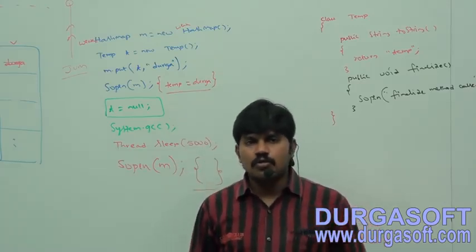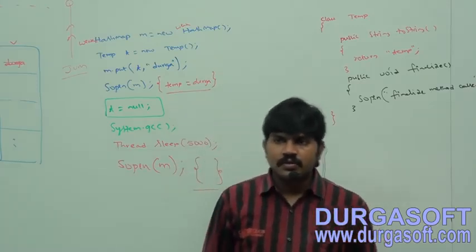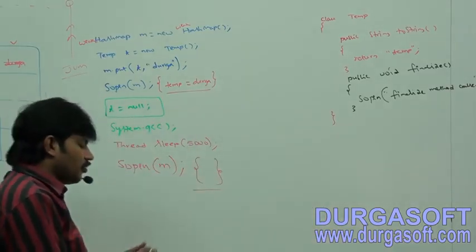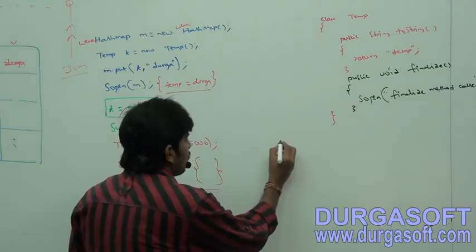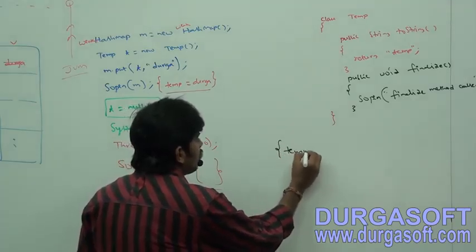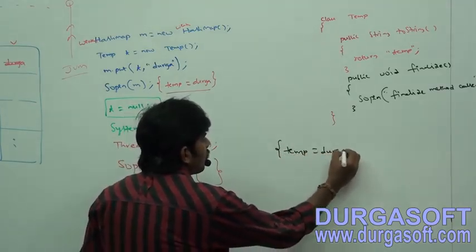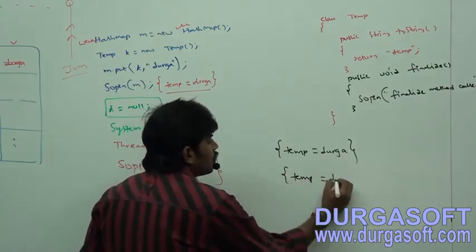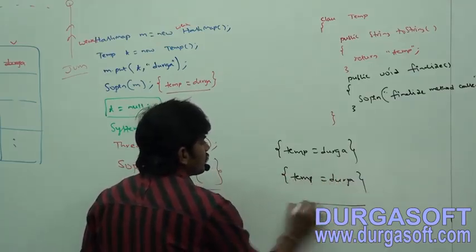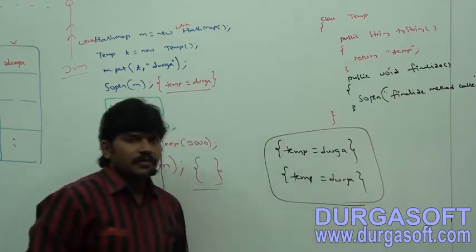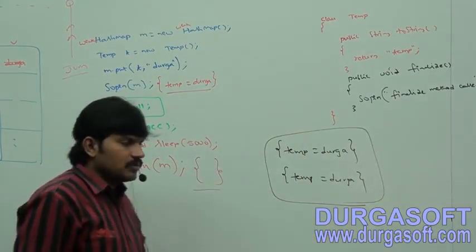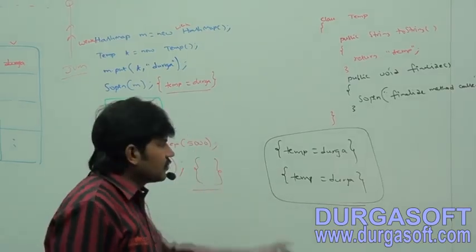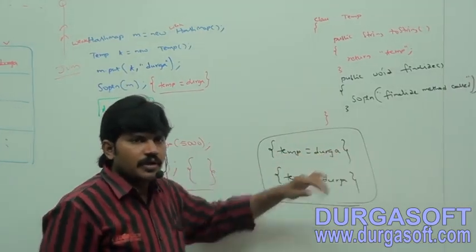In this case, can I spell out what the output is? Temp is equal to Durga. The second time also, what is the answer? Temp is equal to Durga. Both times, temp is equal to Durga. Clear, right?